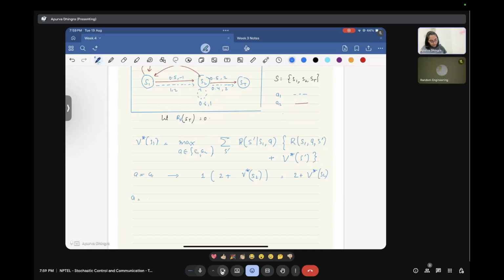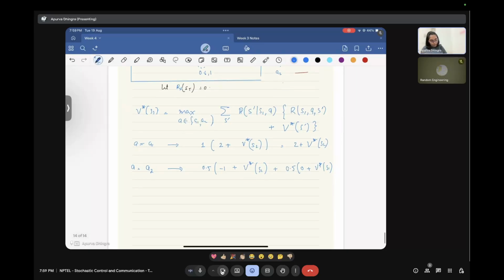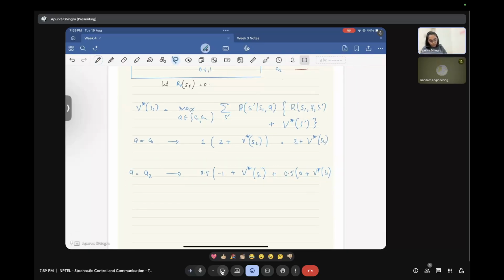On the other hand, if A2 is to be chosen, A2 has, with half a probability, it goes to 1. With half a probability, it takes this arrow and goes to state S2. With other half a probability, it stays where it is, but the reward is 0. So let's see what the loop now becomes.